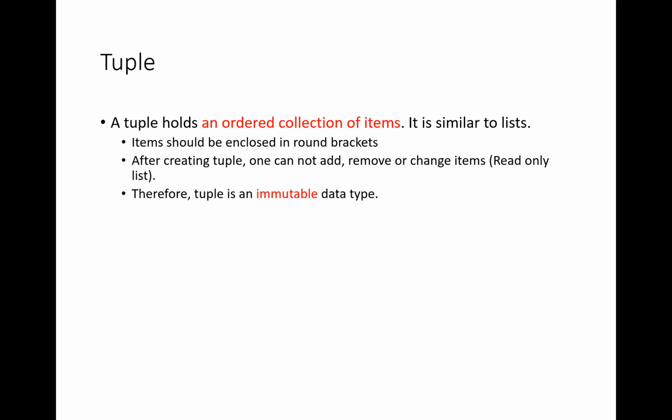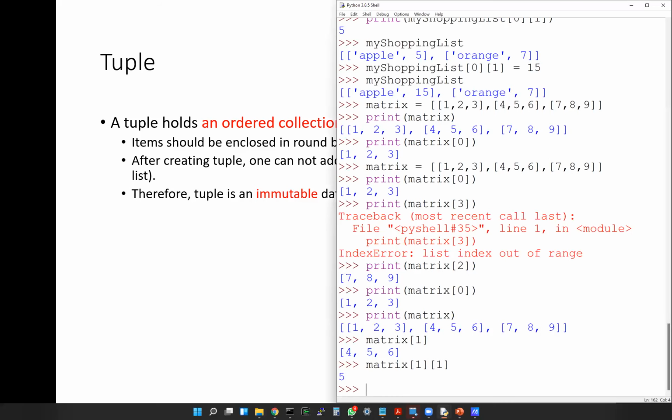Now let me demonstrate some of the uses of tuples like in the previous case. I'm going to go to Python and create a tuple with some numbers. So I'm going to say, okay, number tuple.